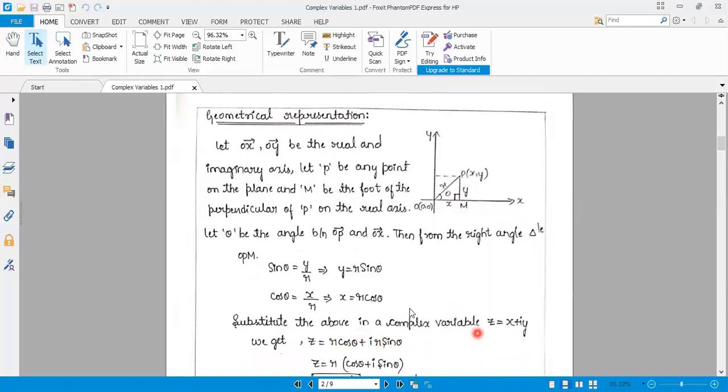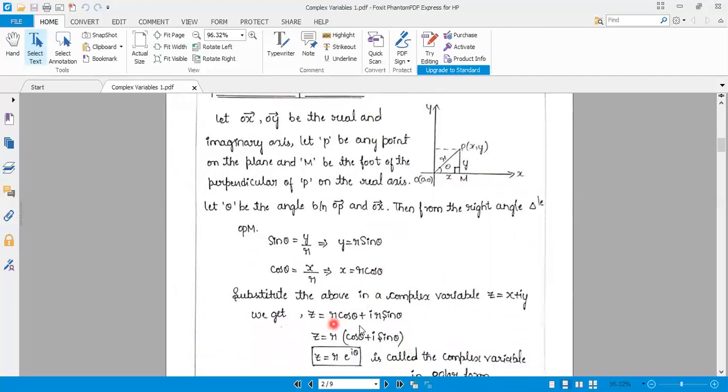Now, when you substitute x and y in the complex number z equals x plus iy, you can write z equals r cos theta plus i r sin theta, which is nothing but r common, cos theta plus i sin theta. So you can write z equals r into e power i theta, which is nothing but a complex number in the polar form.